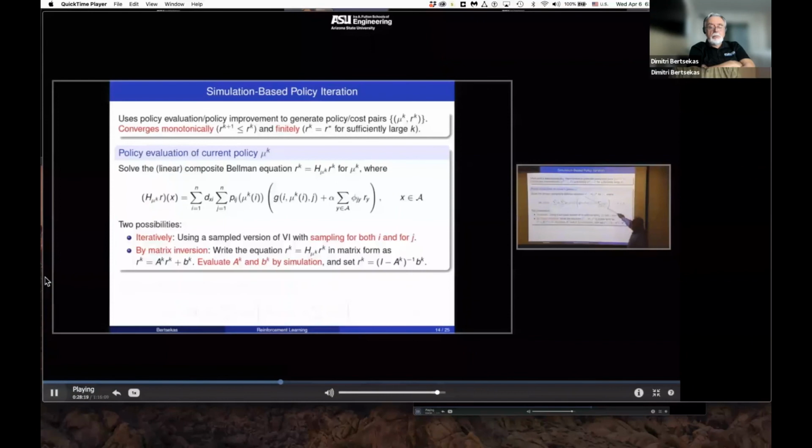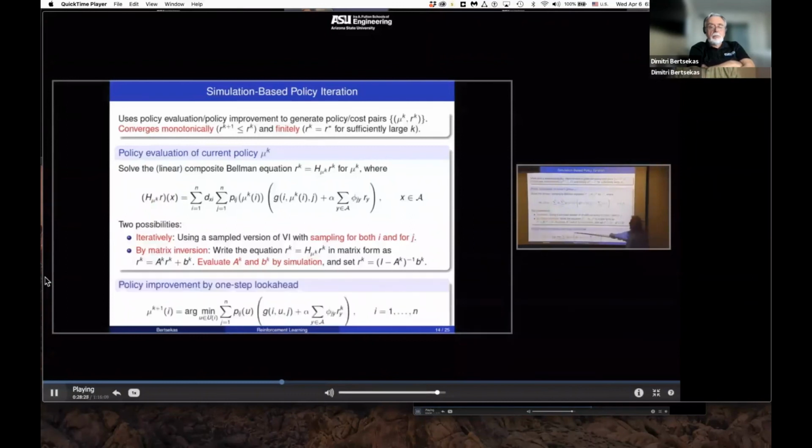So this is the policy evaluation phase of the current policy, and we have to do policy improvement. And policy improvement is done in the usual way by one step look ahead. I have the solution. I have Rk from the policy evaluation. I plug it into the usual policy improvement equation, and I obtain a new policy. Notice that there's an expectation here that will potentially bother us for some problems.